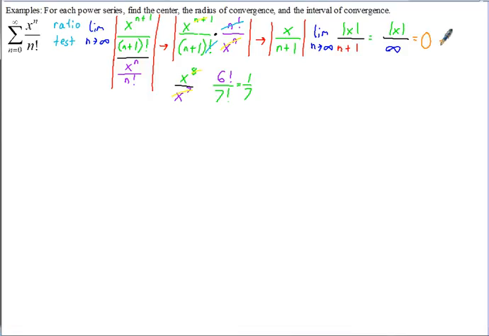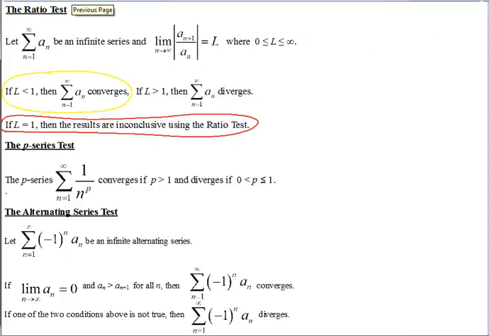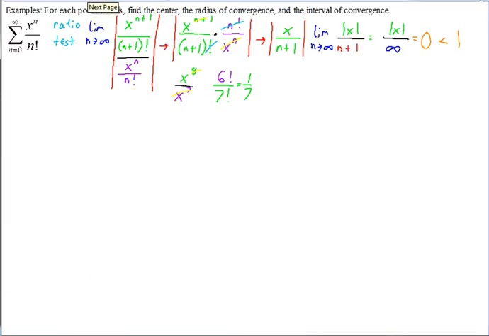So when is 0 less than 1? Well, it's always less than 1. So this is the case where it always converges. And again, the reason why we said less than 1 is because of the ratio test. We know this converges if the limit is less than 1, which in this case it always is. It's 0. So this is where you have the entire number line converging.